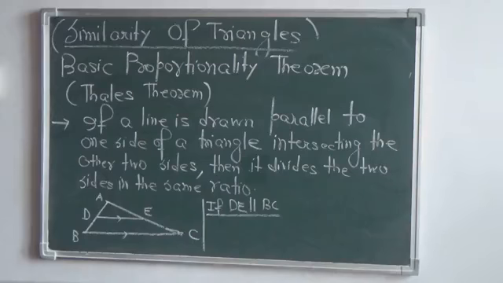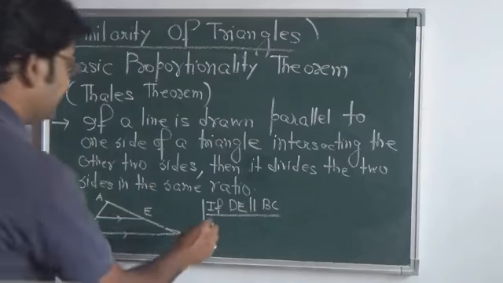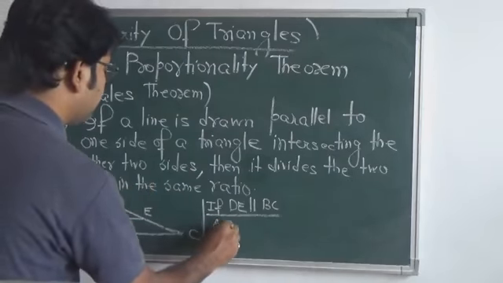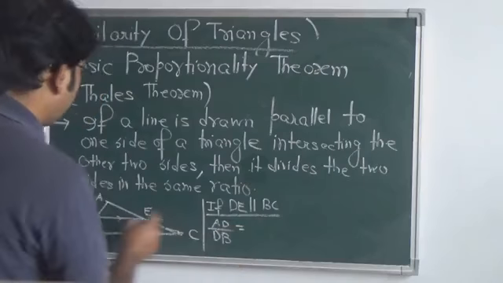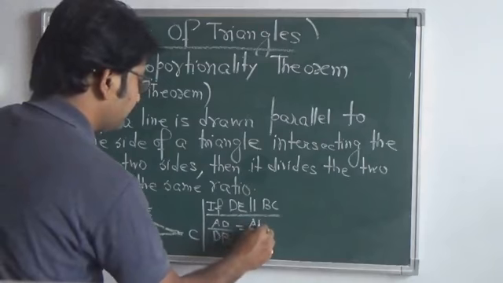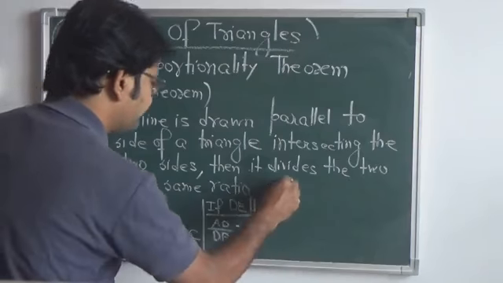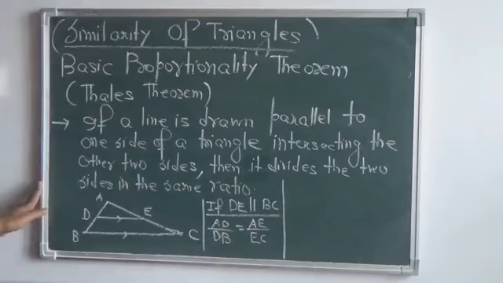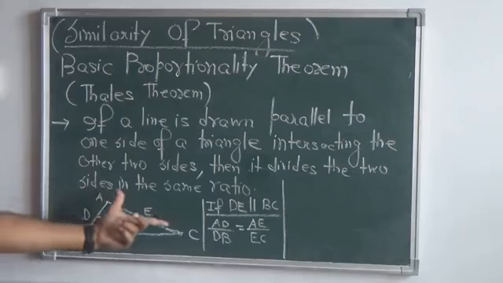The first thing that you can write is that AD by DB is equal to AE by EC. So you can apply this directly. Next one is AD by AB equals to AE by AC.